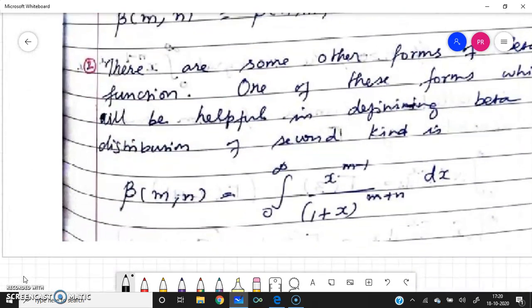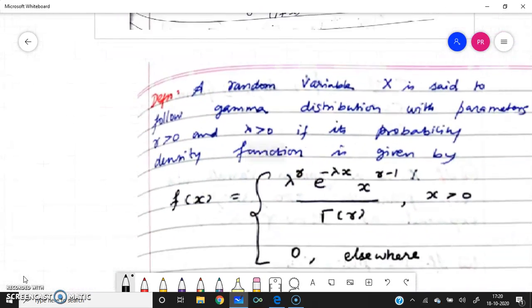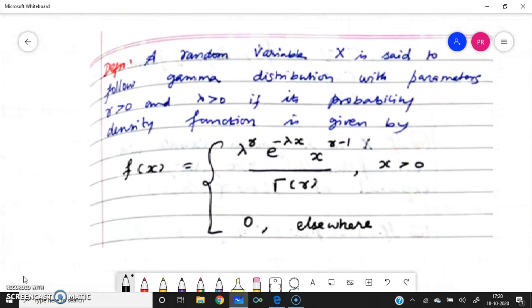Now we are going to see the definition. What is the definition of the gamma distribution? A random variable x is said to follow the gamma distribution with parameters r greater than 0 and lambda greater than 0 if its probability density function is given by f of x equal to lambda to the power of r, e to the power of minus lambda x, x to the power of r minus 1, divided by gamma of r.